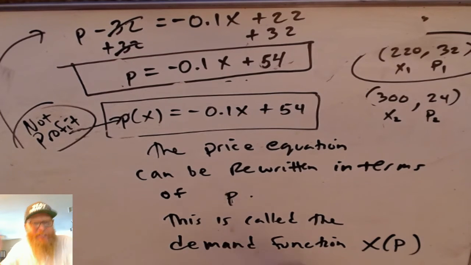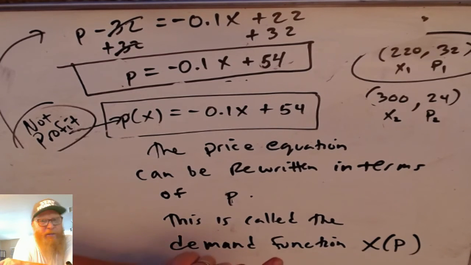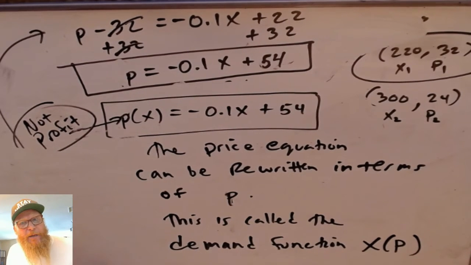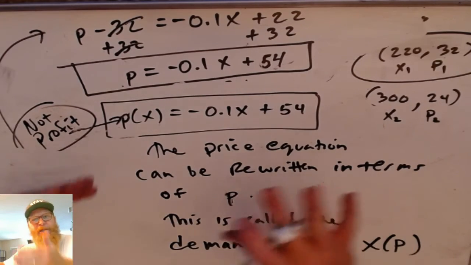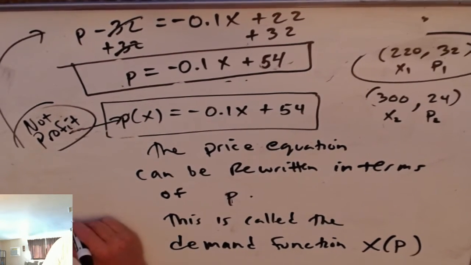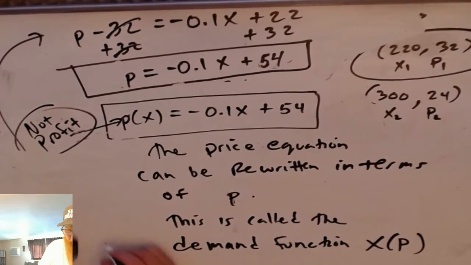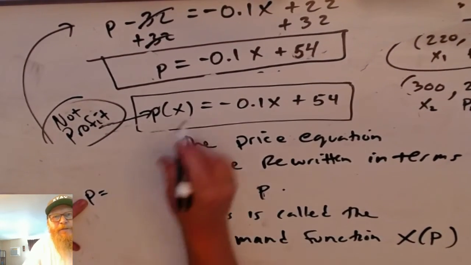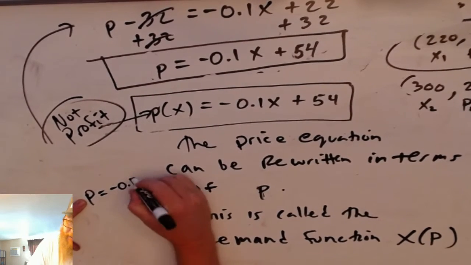It just basically turns it around and says, well, if the price is $1,000, how many people are going to buy it, right? So let's see how that works. Let me just write this over here. Just for my notes, I like to just write P. It's just much easier. Get rid of the function notation. You'll see why in a second.